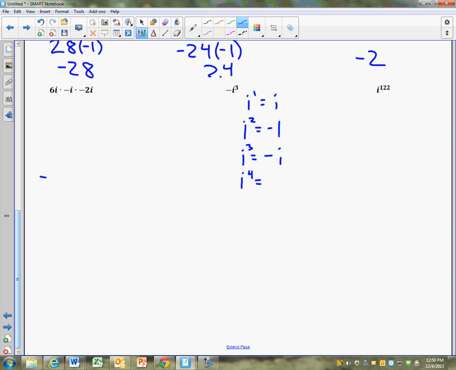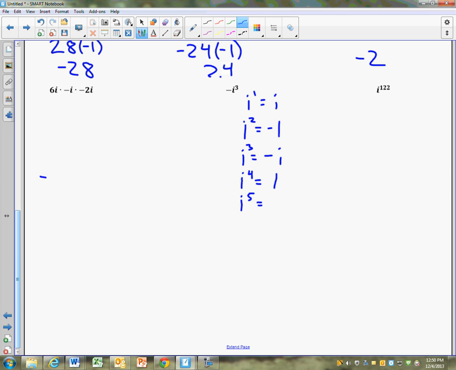i to the fourth would be i squared times i squared. What's i squared times i squared? 1. i to the fifth would be i times i to the fourth. What is i times 1?